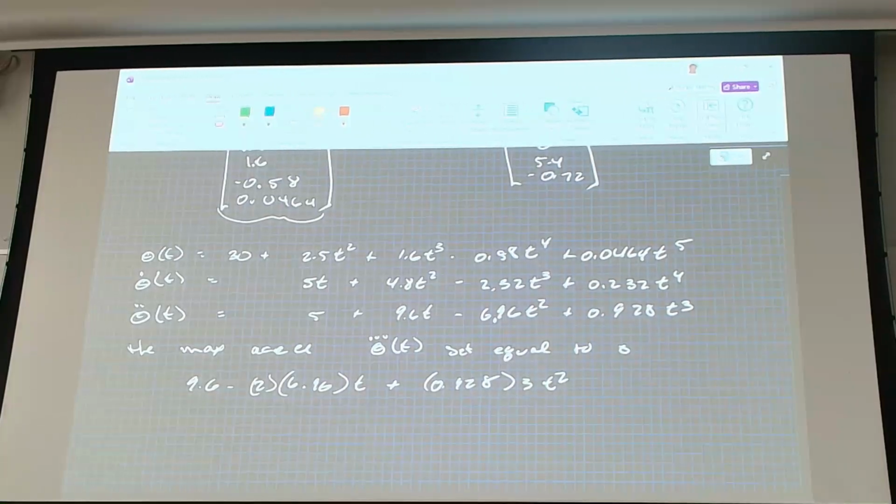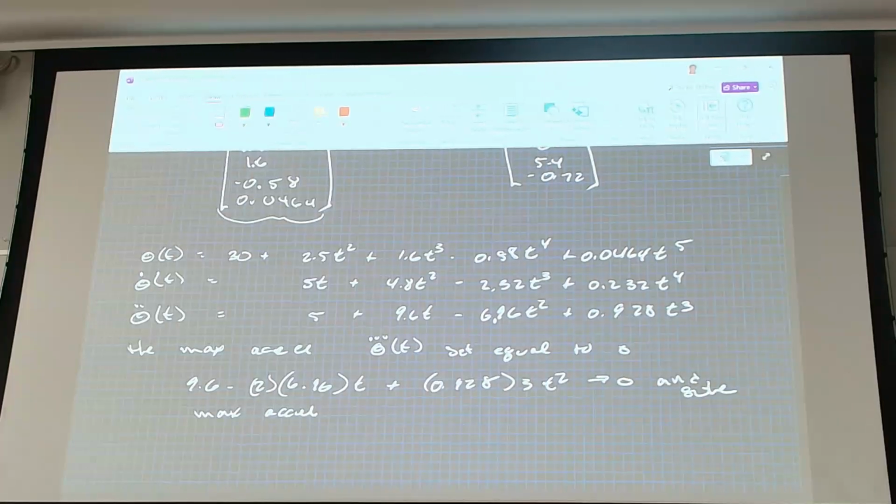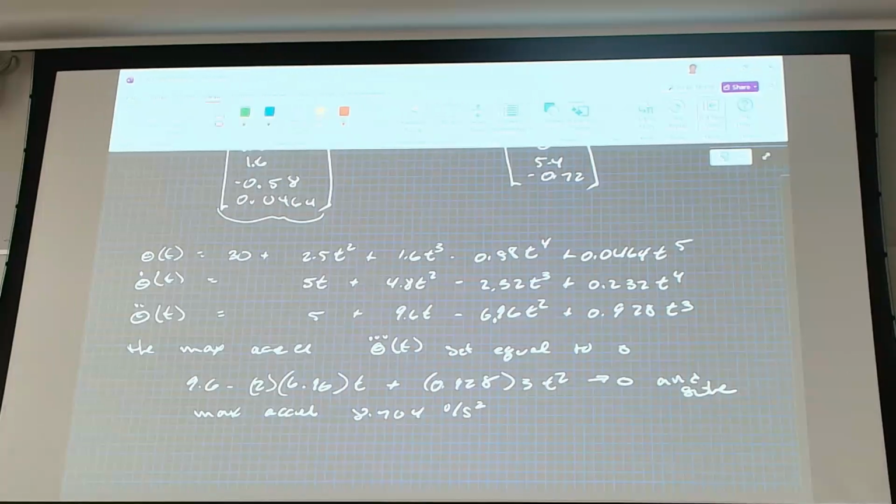So this becomes our maximum acceleration set equal to 0. And solve. We're going to find one of them is bogus, makes no sense. The other one is going to be 8.704 degrees per second squared.